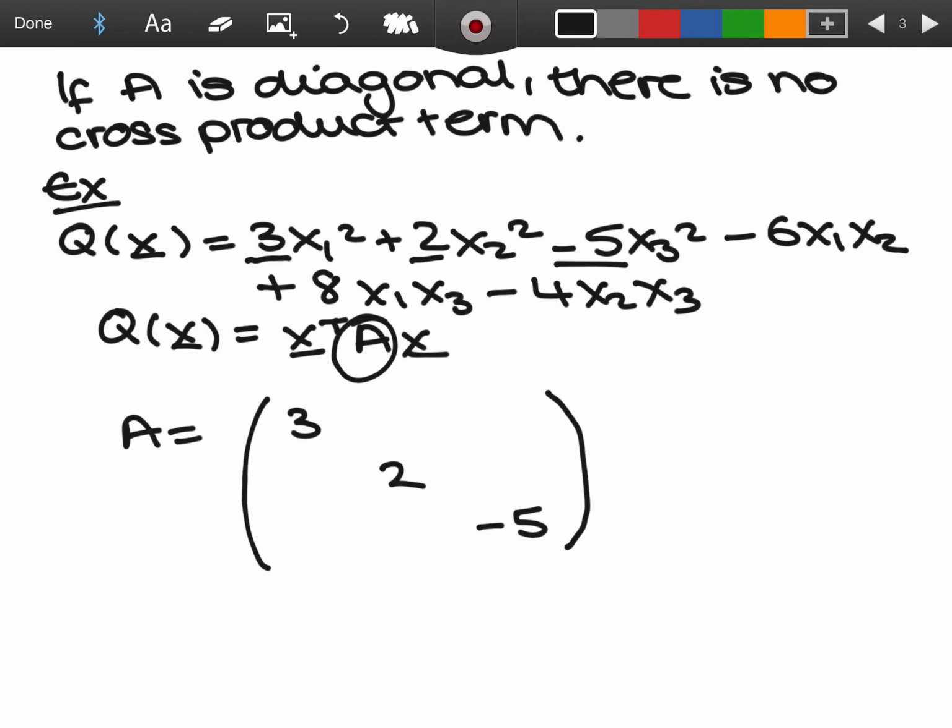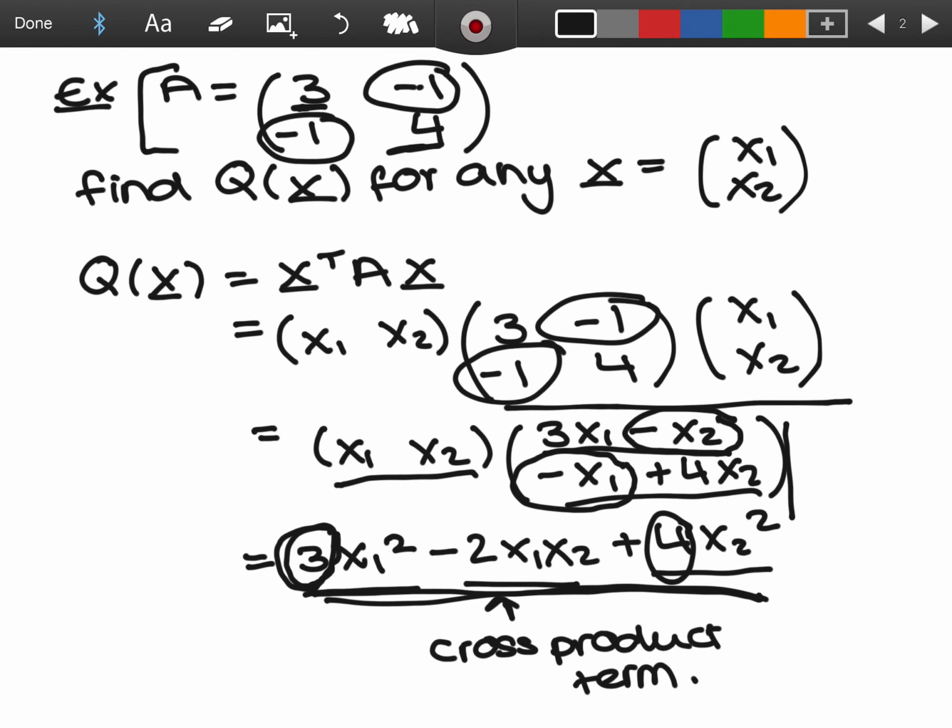Now I need to look at the off diagonal elements. So let's go back to here. When we did this, and you multiplied it out, I've got negative 2 times x1x2. You'll see from the way that we got this cross product term, this negative 2 x1x2, was by taking negative x1x2, which came from this term here with this term here, minus x1x2, which came from those two terms multiplied together.